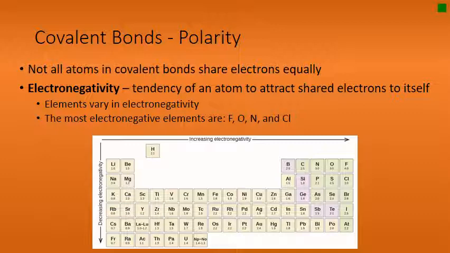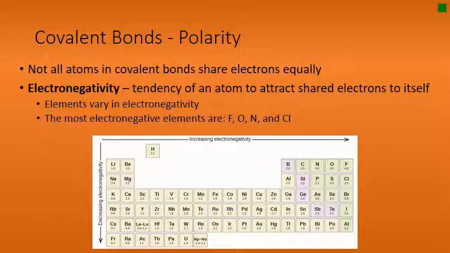But here's an issue. Not all atoms in covalent bonds actually share the electrons equally. Some atoms are more electron greedy than others. This tendency, this property, is the property of electronegativity. It is the tendency of an atom to attract shared electrons to itself.